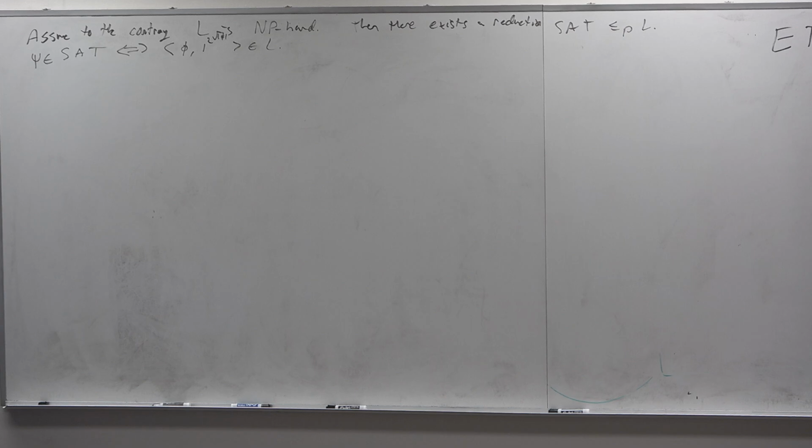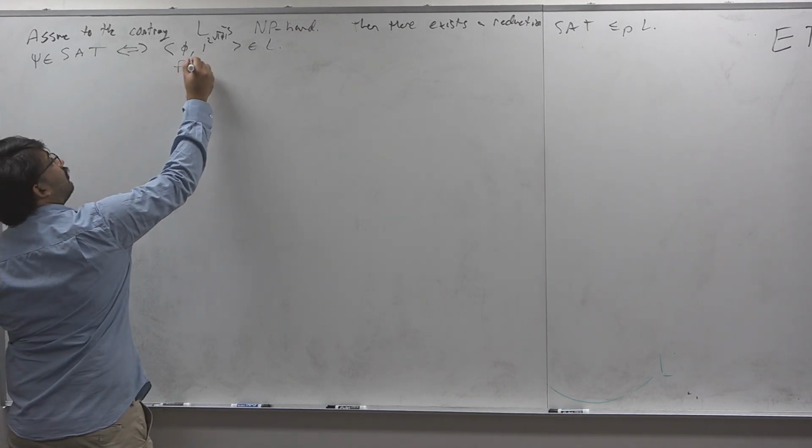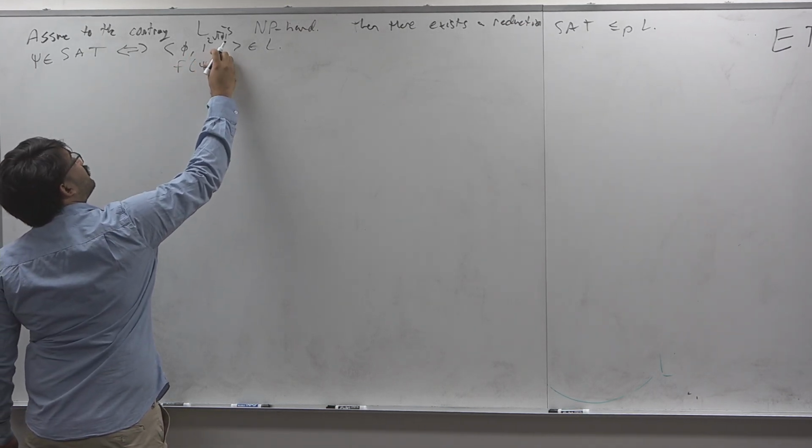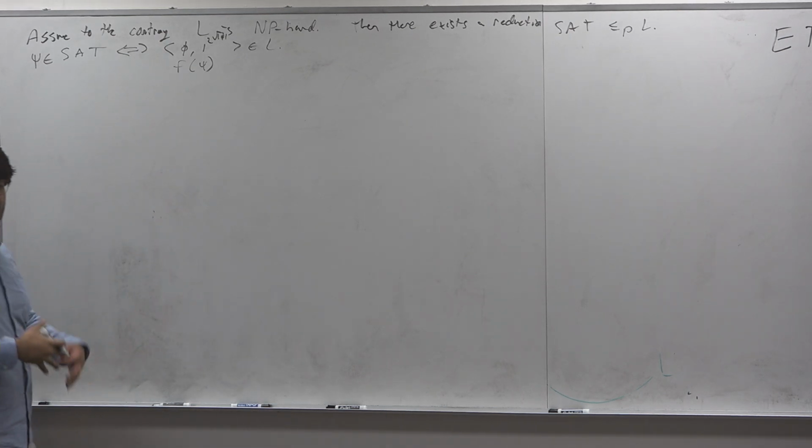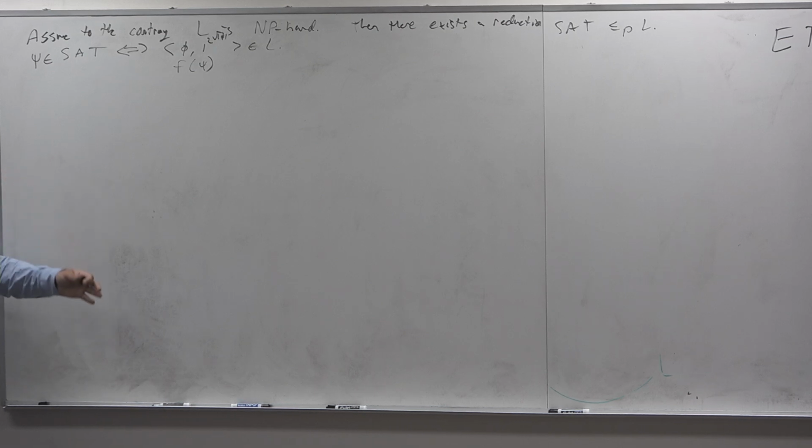Why psi? Why phi? We don't know that the reduction maps the same CNF to the same padded CNF. We just know it maps a CNF to a different, perhaps padded, CNF. So let the input CNF be psi and the output CNF be phi, okay?